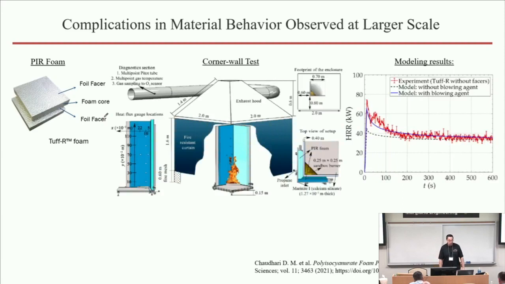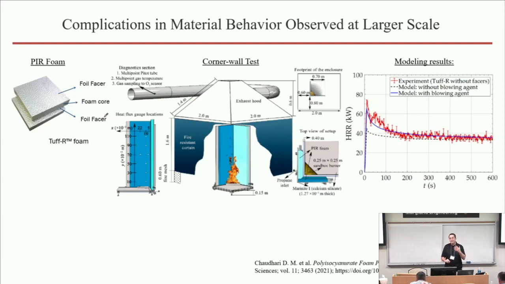So if you look at the flame spread rate and you use that model that we originally parameterized, your peak is on the order of 50, the real peak is on the order of 70, so you mismatch by almost a factor of 2. But once you add that blowing agent, you end up with something that is considerably closer to the actual heat release rate. Right.